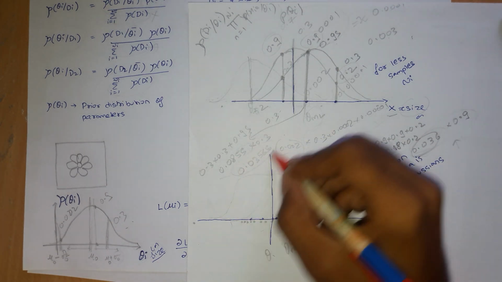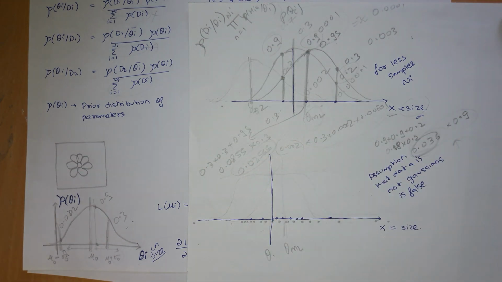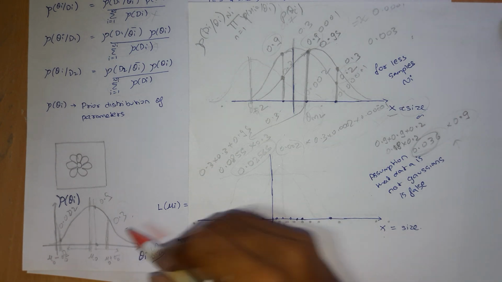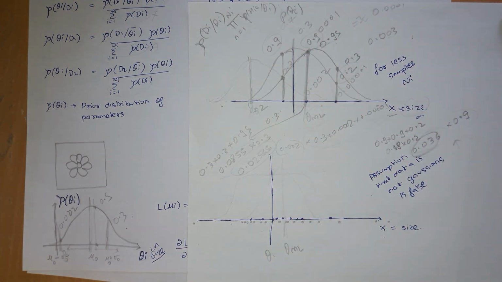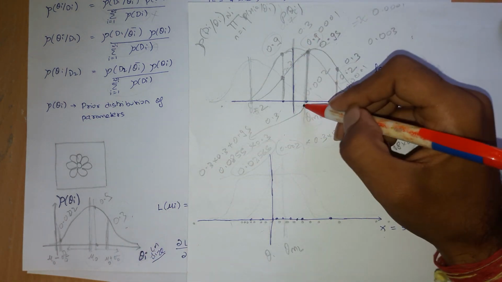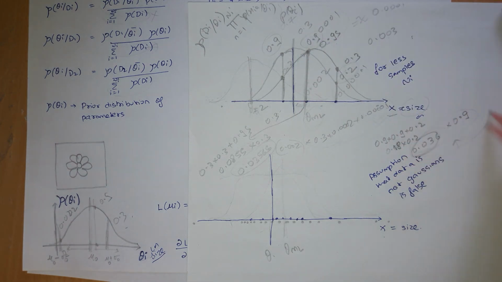So this in turn will be less, because this prior is now acting and it is telling you, no bhai, this cannot be the mean, I know some information about this, and this is not the mean, and it will tend to shift this to this.